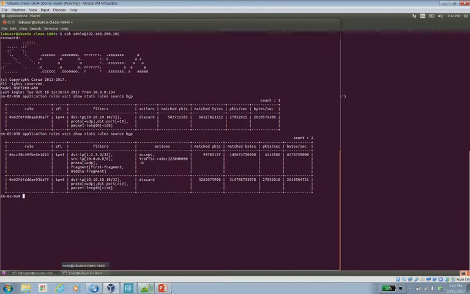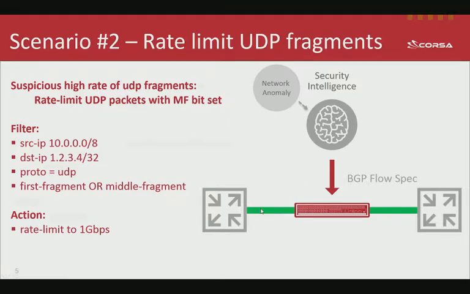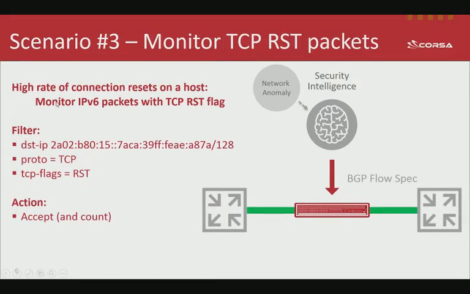And then for the last scenario, I have a high rate of connection resets on a host. So what I would like to do is just monitor the number of TCP reset packets that this IPv6 host is receiving. So we're not going to drop anything. We're just going to introduce a rule that will permit everything and count how many reset packets this IPv6 host is receiving.